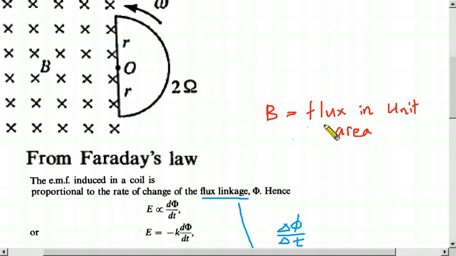Flux in unit area means the flux in 1 square meter. So suppose there is an area like this, whose magnitude is 1 square meter. So there are flux lines like this. That one is called B.